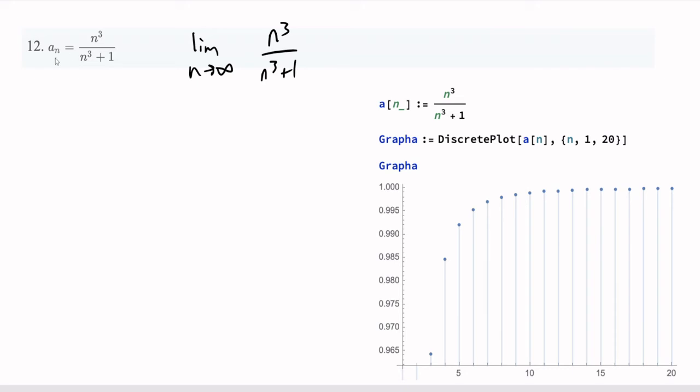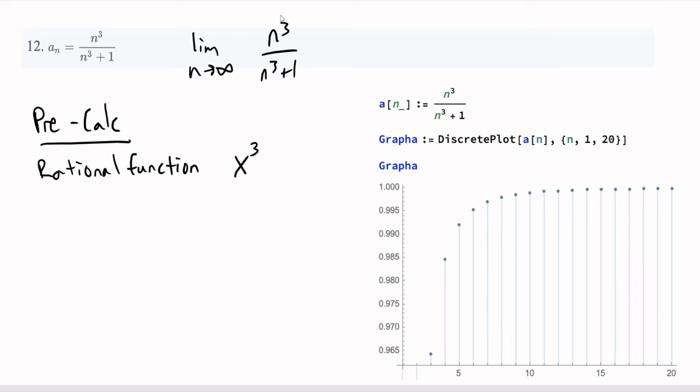Well, from my pre-calc days, I seem to remember a rational function. What happens when you have the top highest power and the bottom highest power equal? Do you remember what happens?